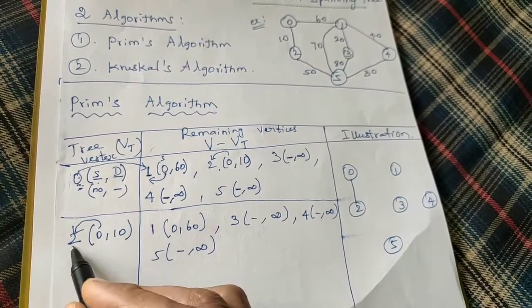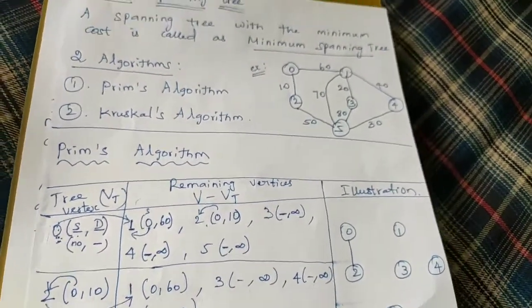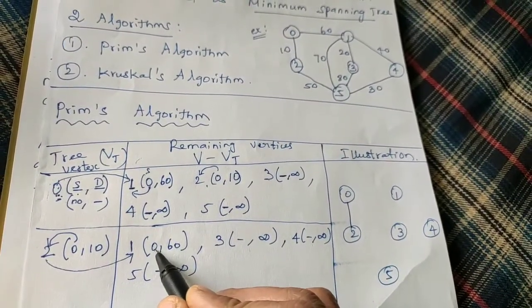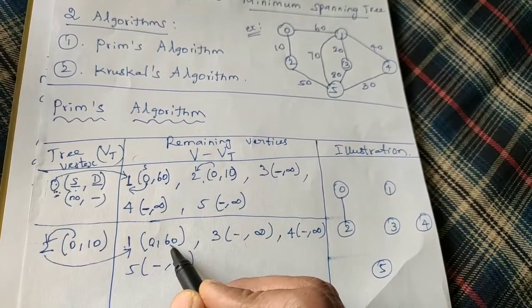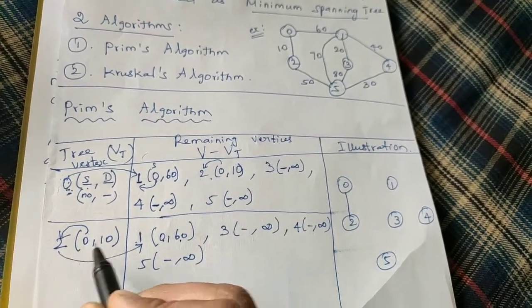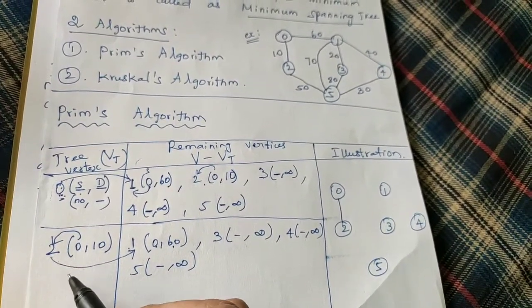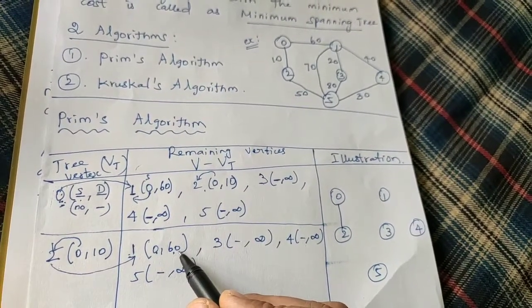Let us see, I am trying to visit 2 to 1. Already 1 has been visited from 0, and I got the value as 60. Now I am trying to visit vertex 1 from 2 to see whether I can get a lesser value than this or not. I am going to check.